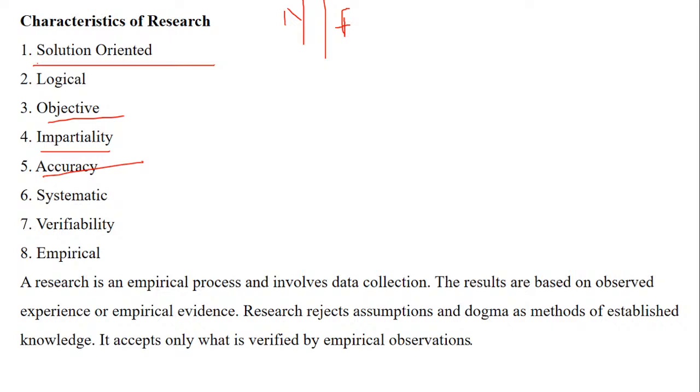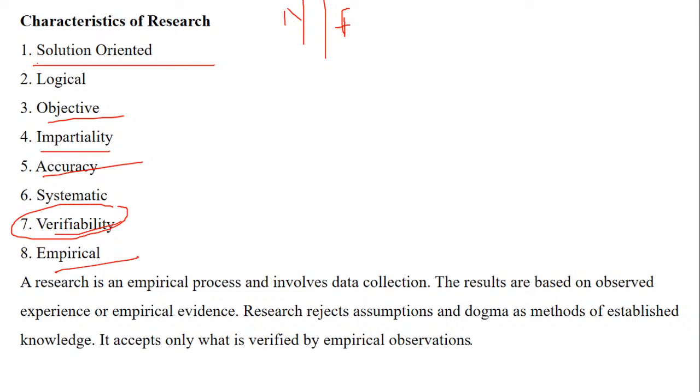Research has to be systematic. Now we have studied very well systematic. It is a step-by-step process which a researcher has to follow in order to come down to the conclusion. Whatever data you have collected, those data has to be verifiable. It means it has to be validated, and your research should be empirical. So something which is based on recent societal issues or problems or recent happenings.